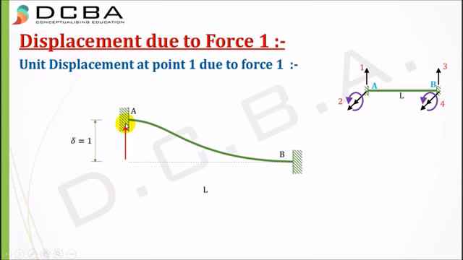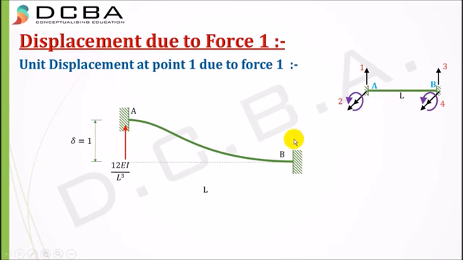This is how the beam is going to get deflected, and the magnitude with which we deflect the beam by a delta equal to 1 is 12 EI by L cube. If you are not well versed with these values, the link will be given in the description. You can check the previous video where I discussed briefly the values of the reactions.